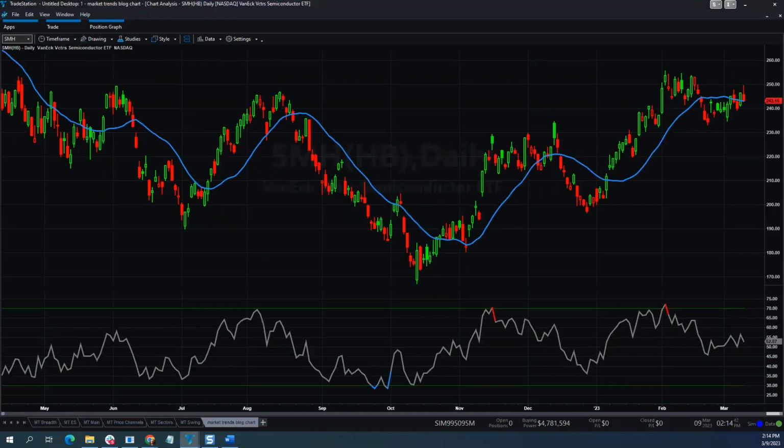And the weirdest thing about the market right now is that technology in the NASDAQ doesn't look that bad. What really looks bad, and I mentioned this before, is healthcare, utilities, and consumer staples. And financials are really starting to struggle now as well.